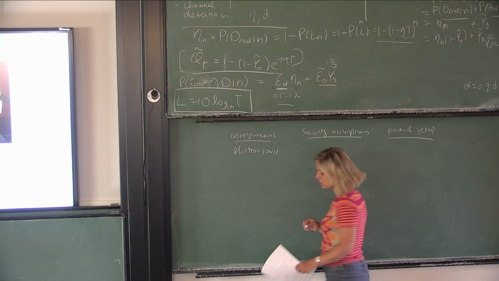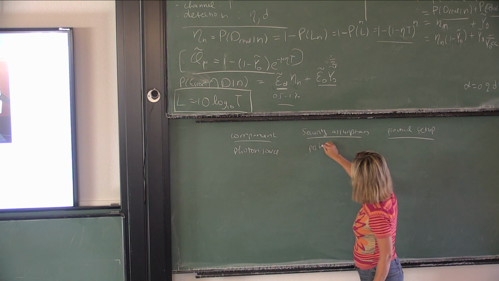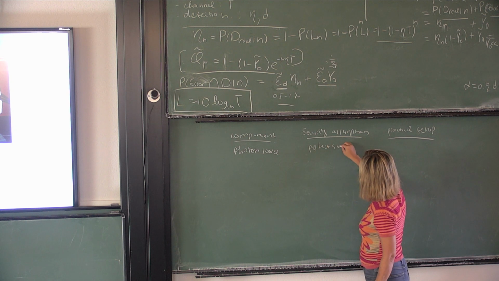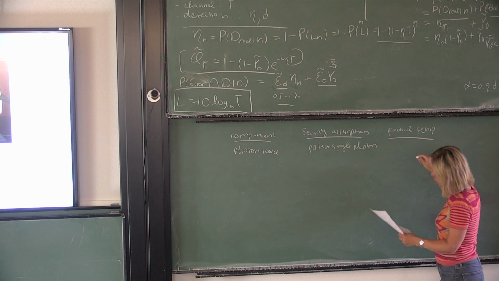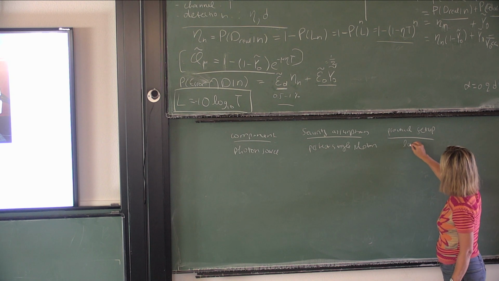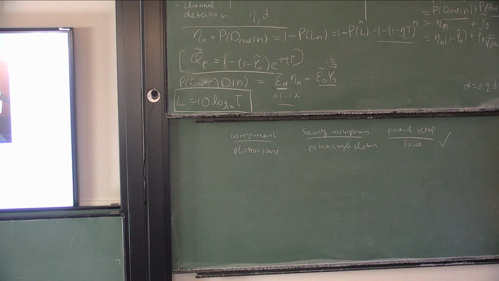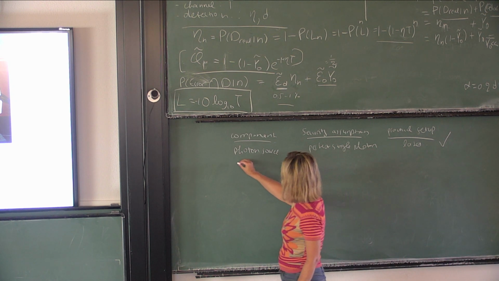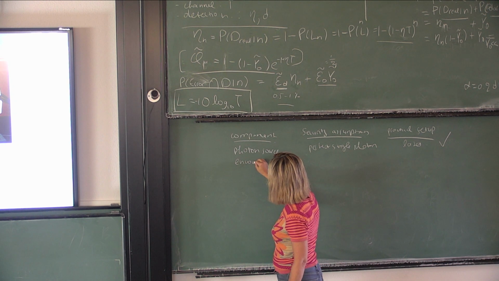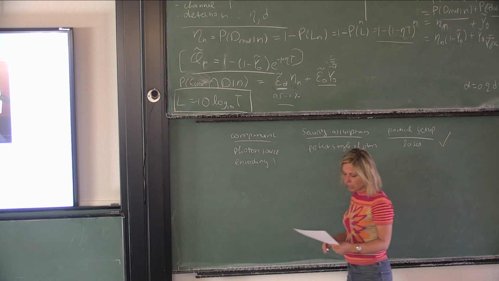The security assumption here is, of course, that you have a perfect single photon. This is not true. You have a coherent laser, okay? And this is exactly what we have just discussed for a long time. But you can also have lots of other components. You can have, for example, issues in the encoding state, so the encoding of the protocol.